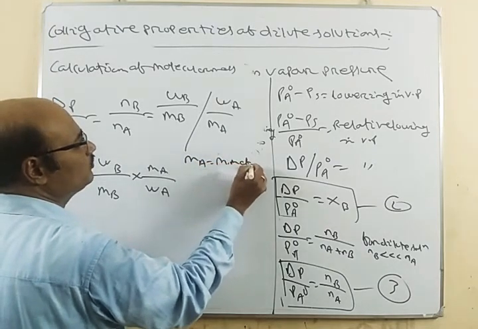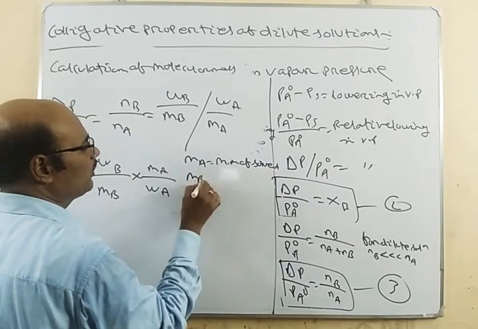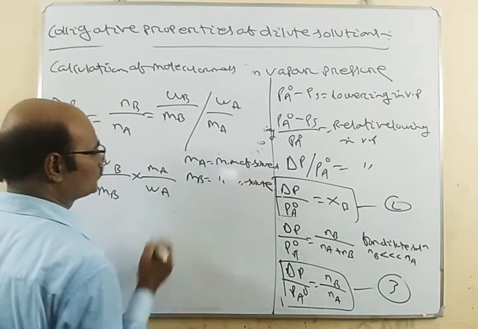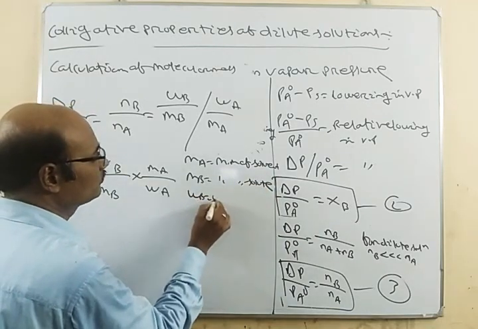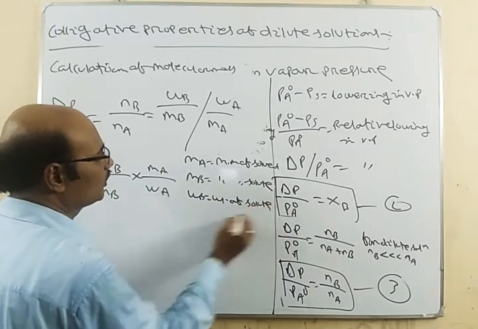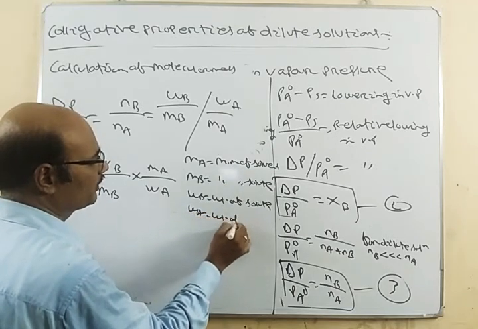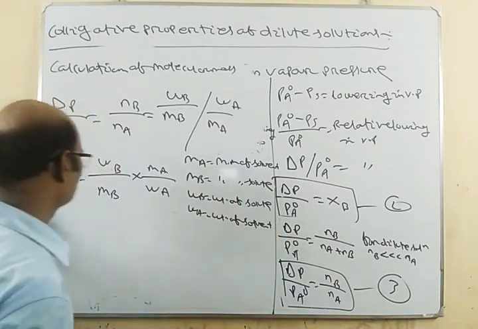Here MA is the molecular mass of solvent, MB is the molecular mass of solute, WB is the weight of solute, and WA is the weight of solvent.